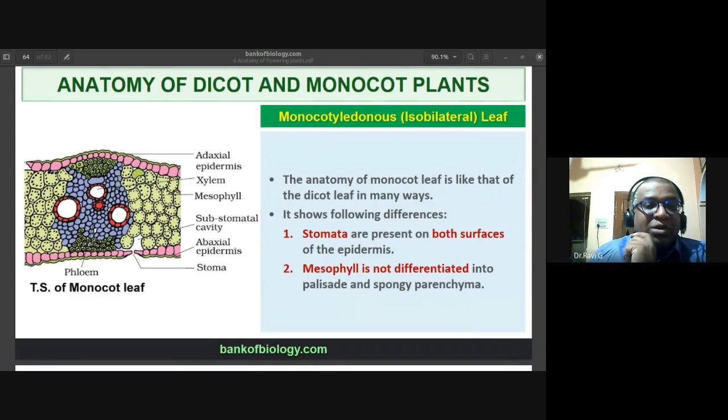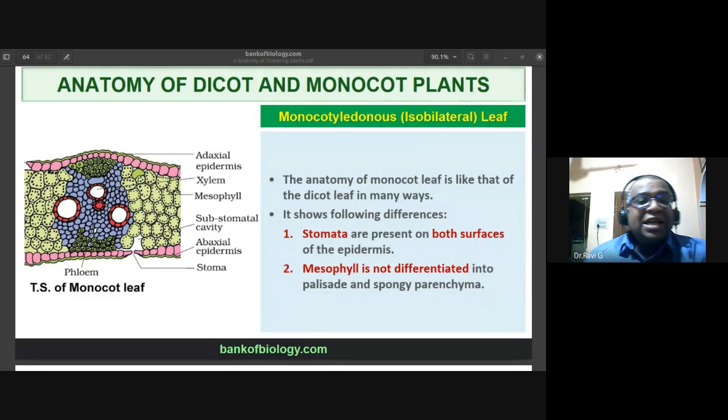I told you why: both the surfaces are exposed to sunlight, and both of them are similar in color, and the stomata are distributed in both the upper epidermis, that is the adaxial surface, and abaxial epidermis, that is the lower epidermis. Both epidermis have equal distribution of stomata, amphistomatic in nature.